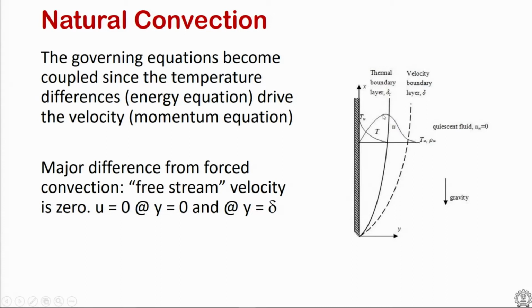The maximum velocity is within the thermal boundary layer somewhere there, and it entrains more fluid as it rises up, in a Prandtl number greater than 1 case.